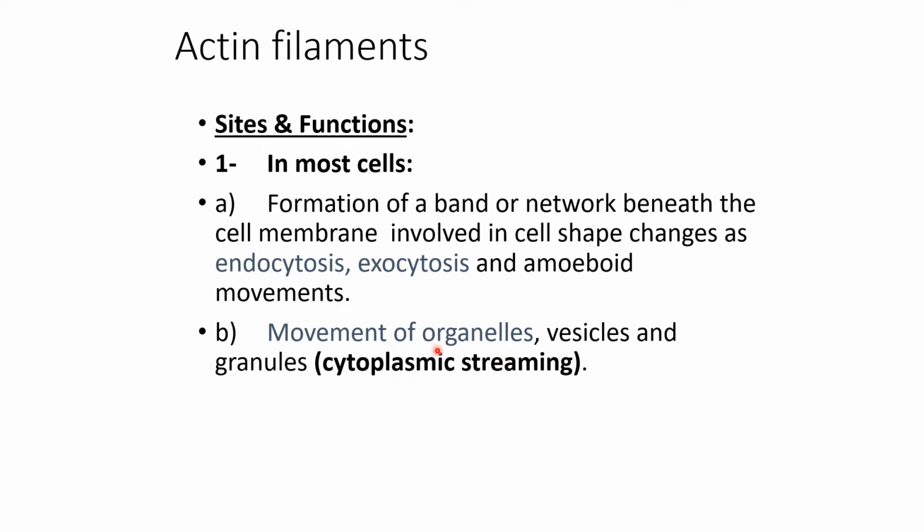It allows movement of organelles or vesicles and granules, what's called cytoplasmic streaming. For example, why does the transfer vesicle move from the rough endoplasmic reticulum to the Golgi apparatus? How will it move? It moves on these threads, called the cytoplasmic streaming.